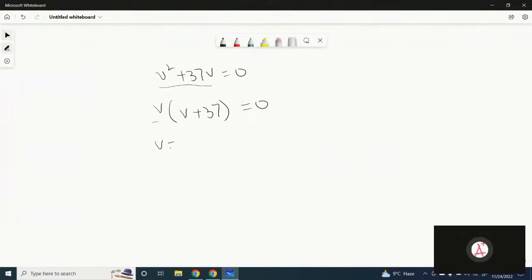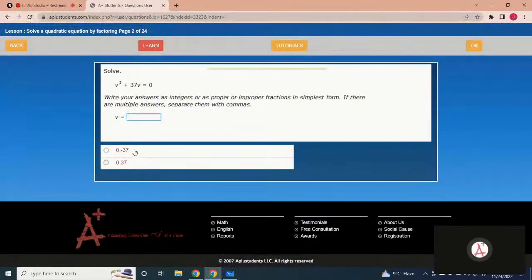Either v equals 0 or either v plus 37 equals 0. That means you have to shift that 37 to the other side to be v equals minus 37. Got it? So you have two of the values. They are 0 and negative 37.